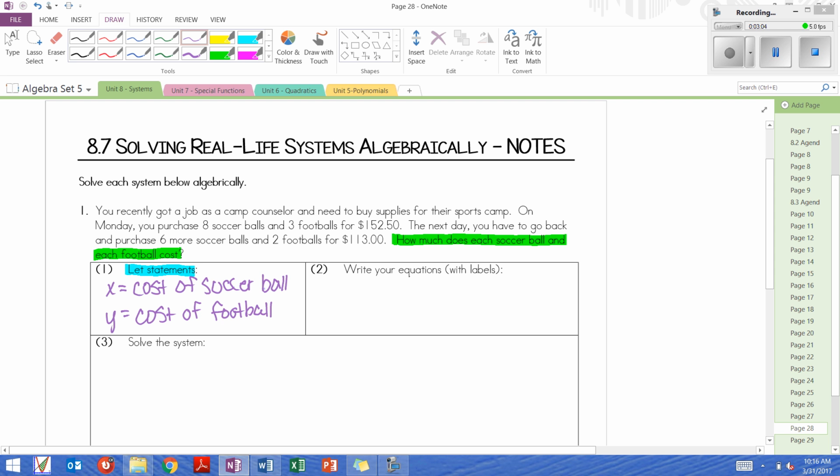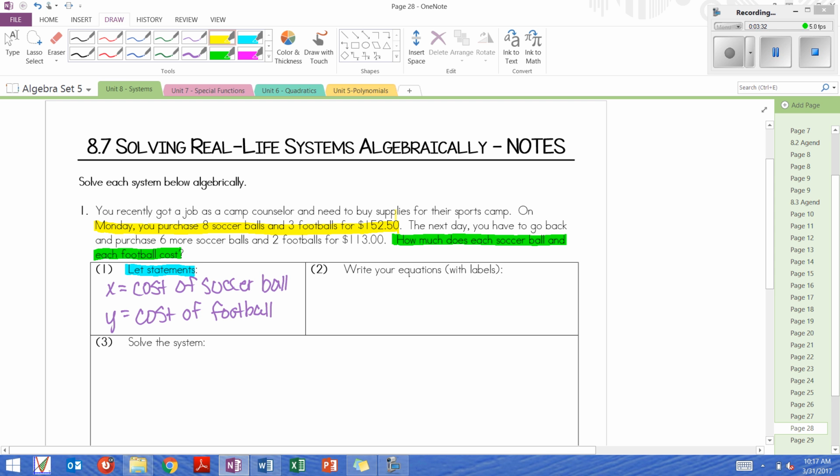What does a label mean? Well, I like to always label what the equation represents. Does it represent the total cost? Does it represent the quantities of things? Does it represent days of the week? So, reading in our problem up above, it says, on Monday, we purchased 8 soccer balls and 3 footballs for $152.50.